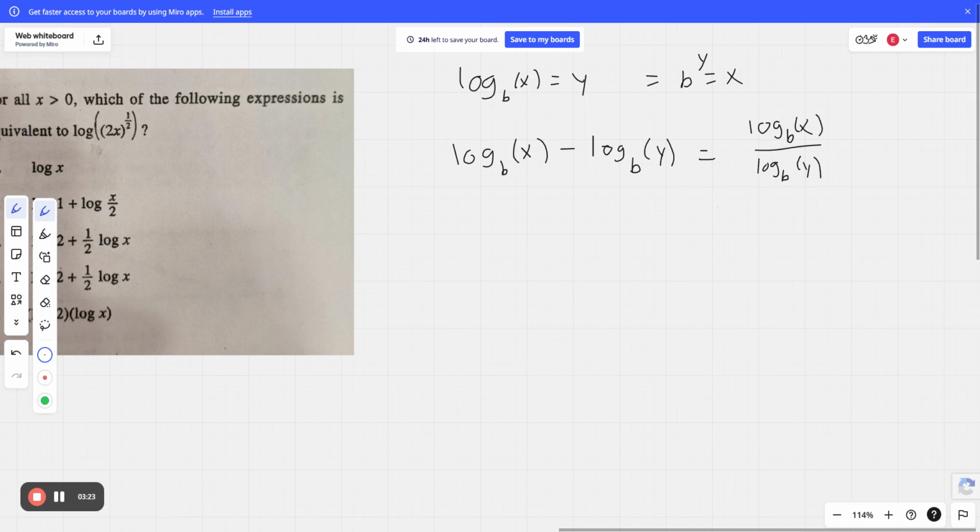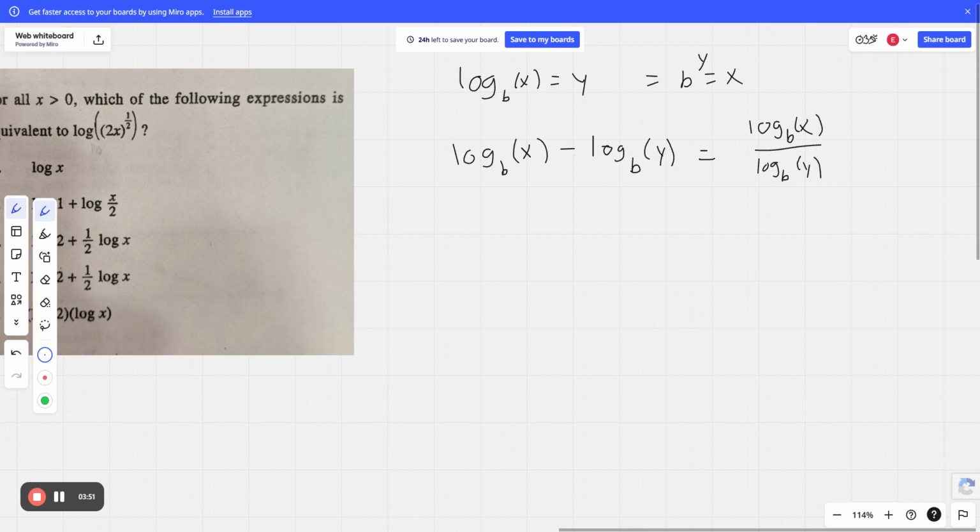The main point is that for all of these rules, the bases have to be the same. If this is base b and this is base s, for example, this would just not be possible. This can only work with the same bases, and it works both ways. Whenever you see a subtraction sign with the same base, you can think of division, or when you see this, you could flip it back to subtraction.